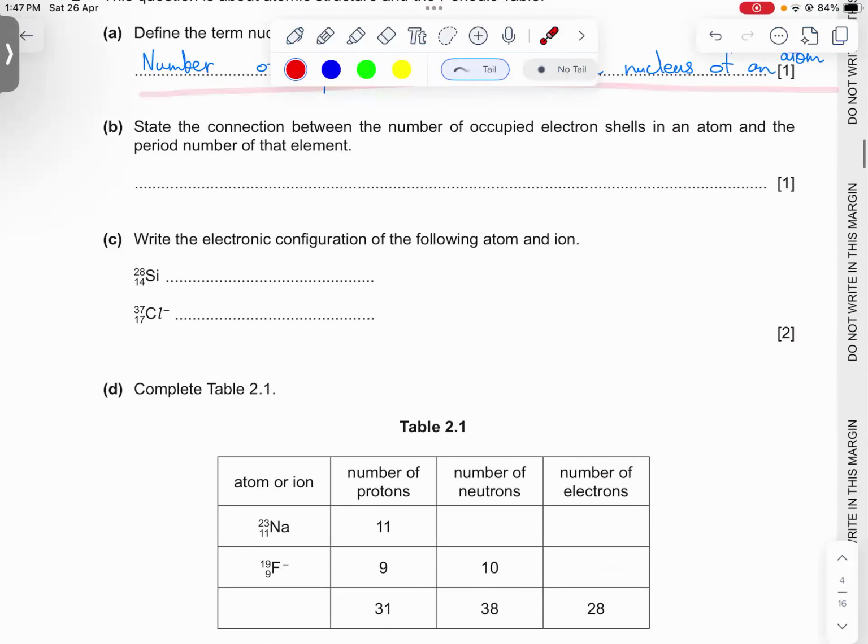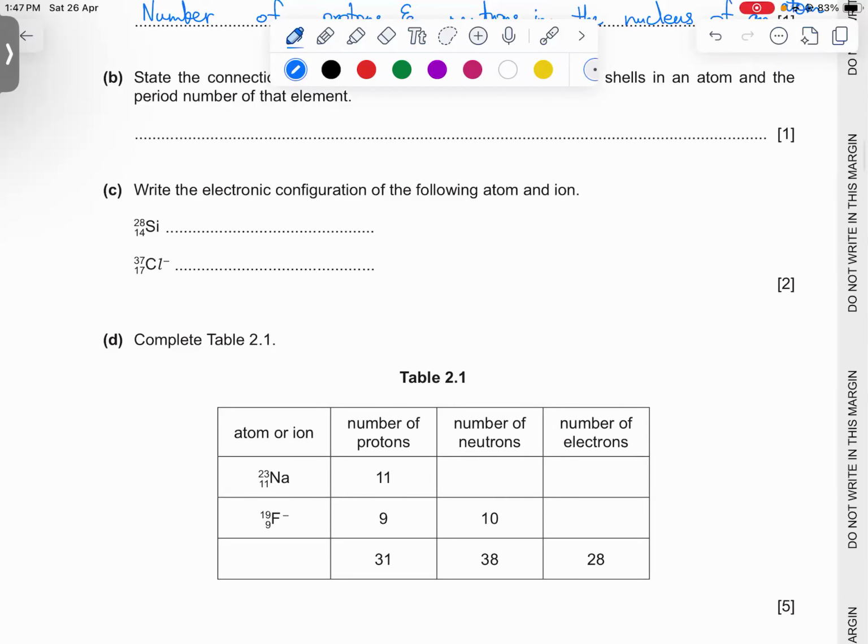Next, state the connection between the number of occupied electron shells in an atom and the period number of that element. So how can we tell? Period number basically tells us the number of occupied shells, right? We look at a periodic table and say, this element is in period 4, therefore it must have a total of 4 shells. That is the number of occupied shells.